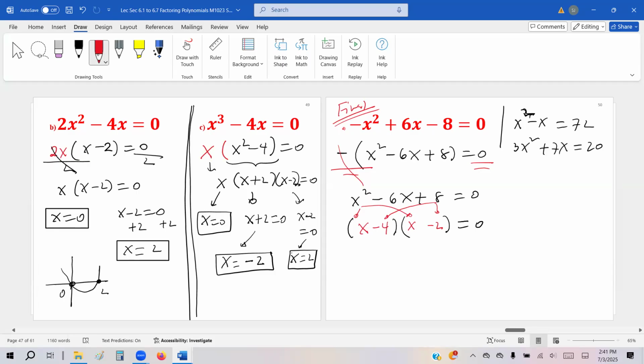So you have two binomial factors, not by GCF, but by the direct factoring method. And then you take each of them, set it equal to 0. The first one gives you x equals what? 4. And the second one gives you x equals 2.